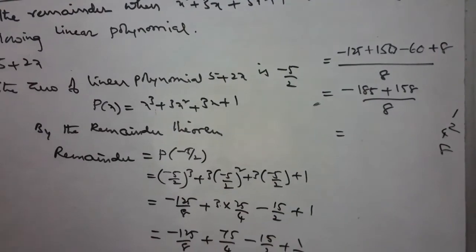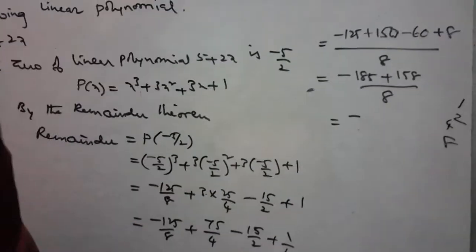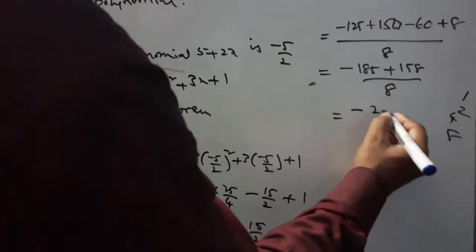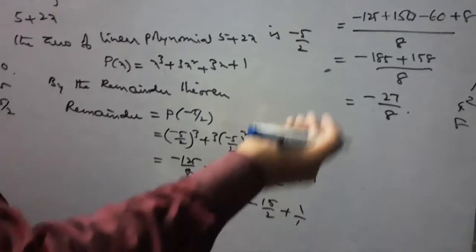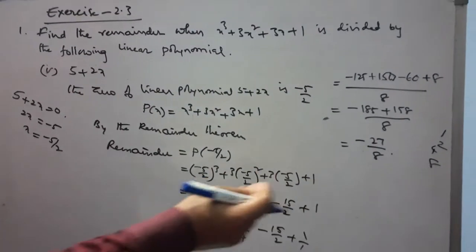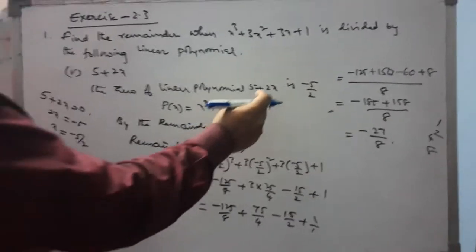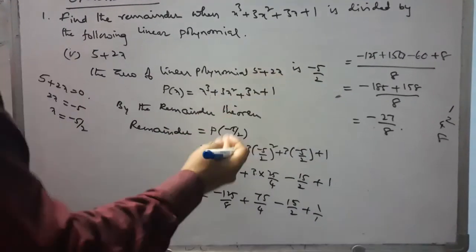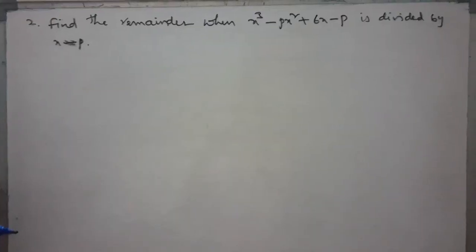So we will get 185 minus 158, so minus 27 by 8. So the remainder is minus 27 by 8. When p of x is divided by 5 plus 2x, the remainder is minus 27 by 8.